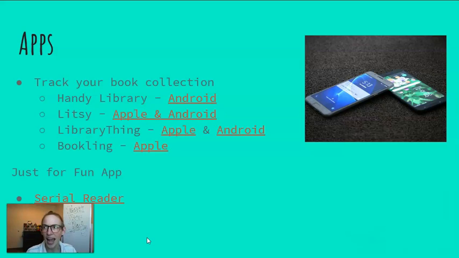Jane Austen and Moby Dick and anything that is in the public domain is on this app called Serial Reader. What it does is it sends you about 12-minute, 15-minute snapshots of the book every day so that you can read just a couple of minutes every day. And it really does make you want to read more. I think that's a really awesome way to start reading the classics as well. Shakespeare's on there, all sorts of fun stuff.